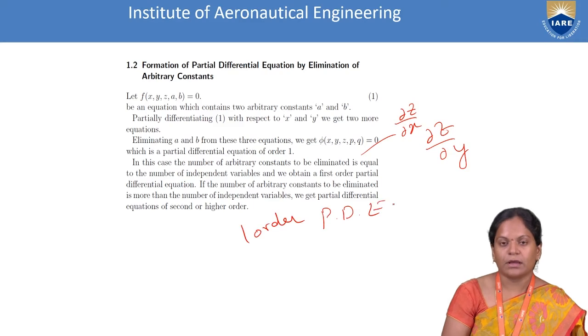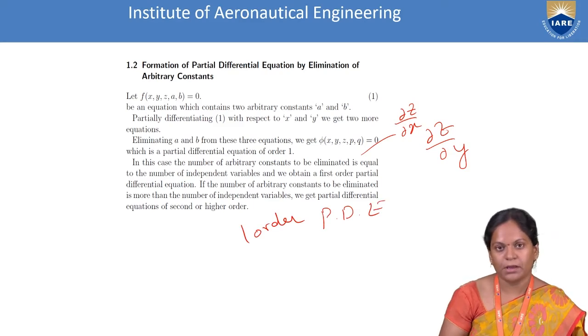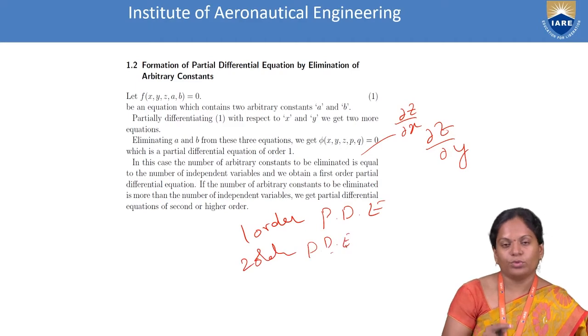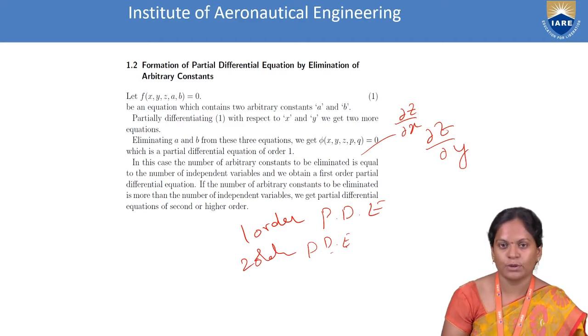If suppose we have a, b, c, three arbitrary constants, then for eliminating them we definitely have to take second order derivatives. So if there are two arbitrary constants, we get a first order partial differential equation.